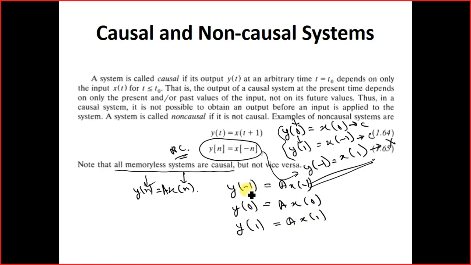So whatever the time index for which you want to calculate the output, it takes the input value at that time index only. Hence these memoryless systems are causal systems.